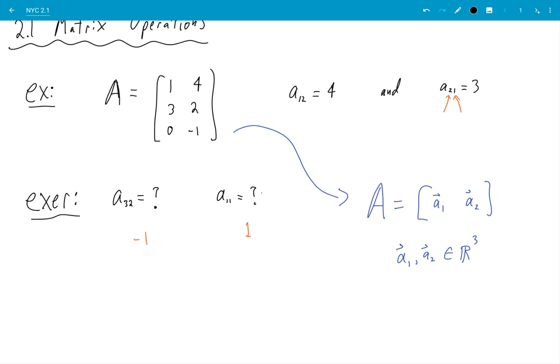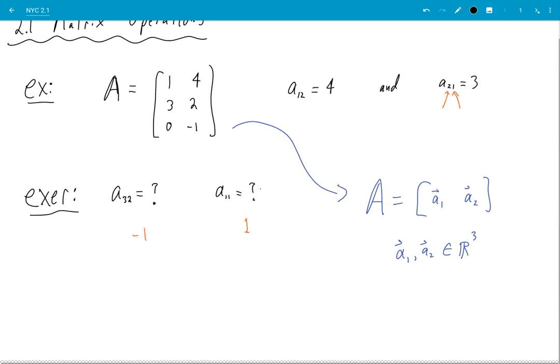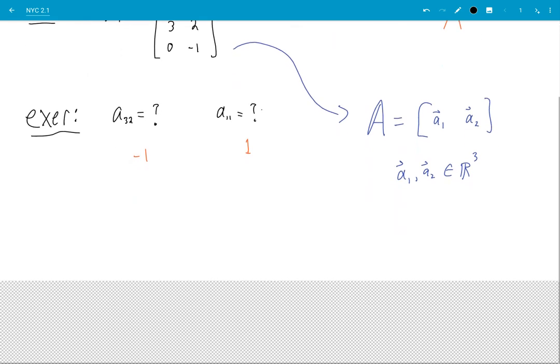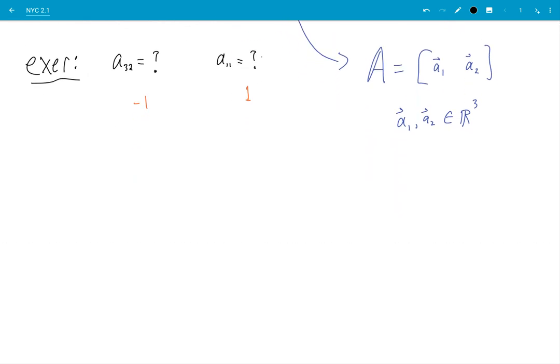Okay, so we have a few special matrices. Let's go definition. So you can have what's called a diagonal matrix.